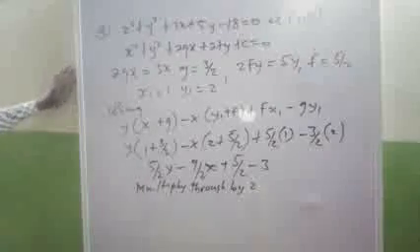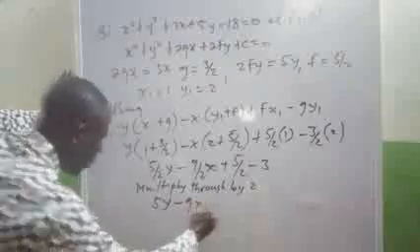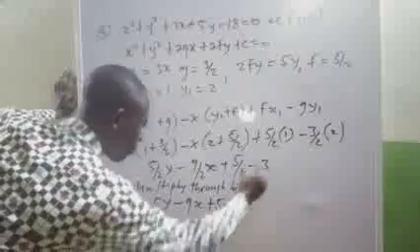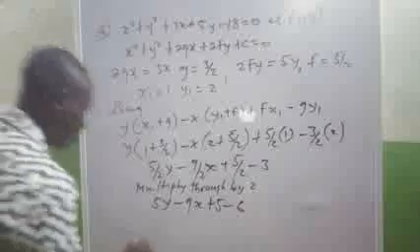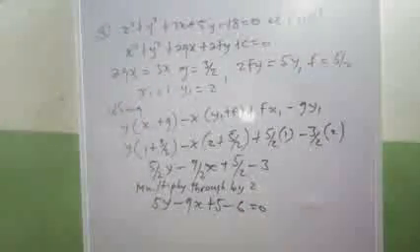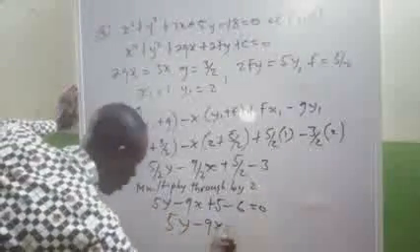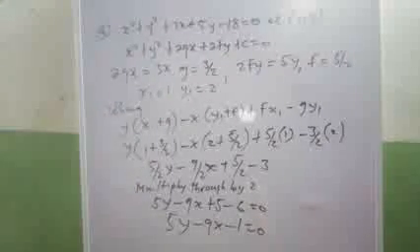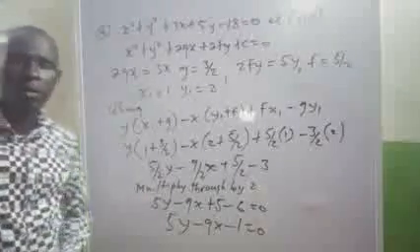If you multiply through by 2, you will get 5y minus 9x plus 5 minus 6. 2 times 3 is what? 6. And that would be equal to 0. If you solve that, you have 5y minus 9x minus 1 equals to 0. So this is the equation of what? Of the normal to the circle. This is the equation of the normal to the circle.